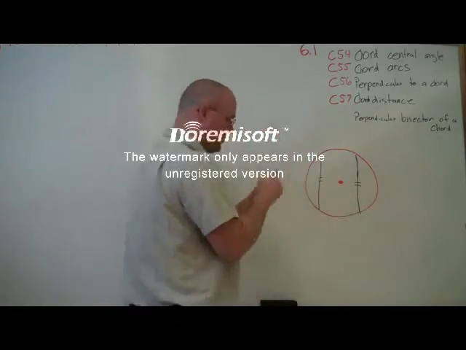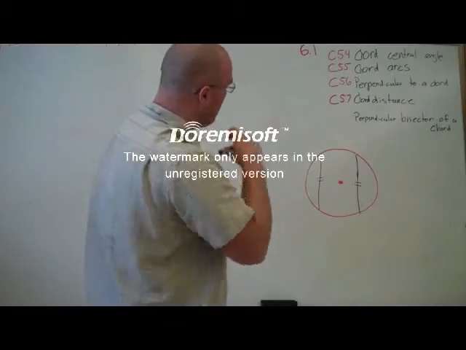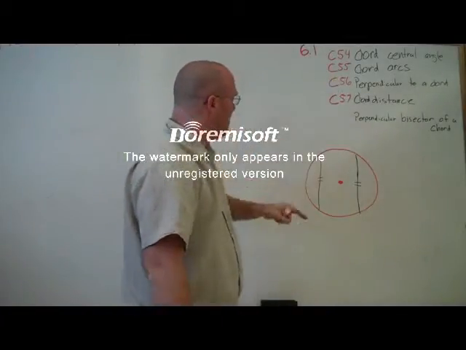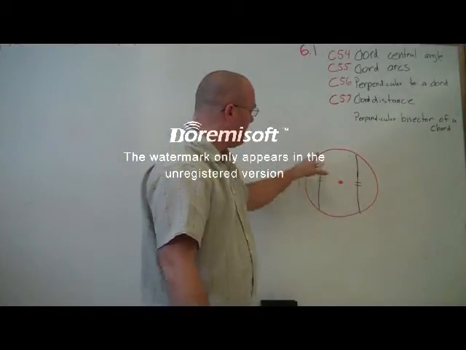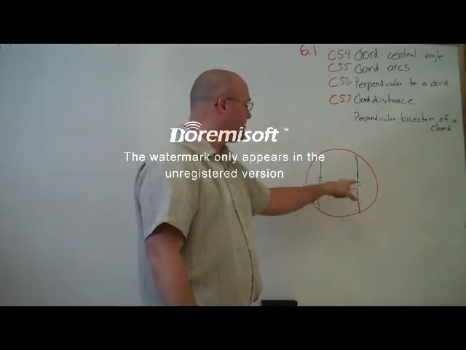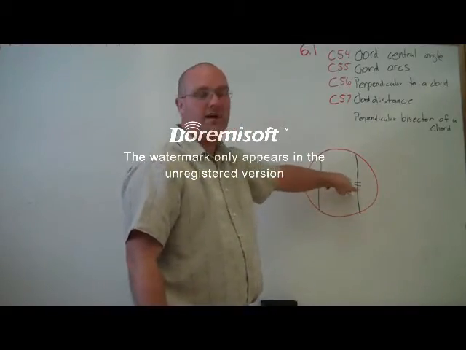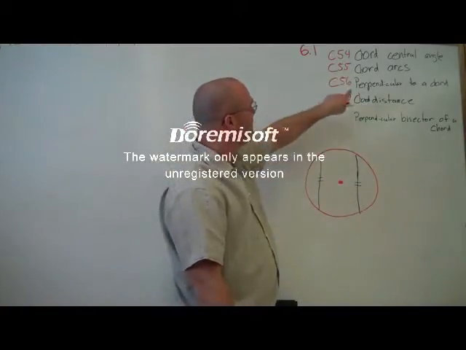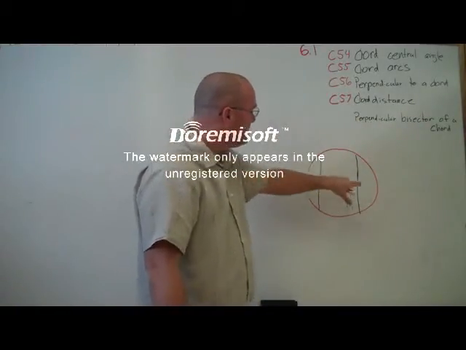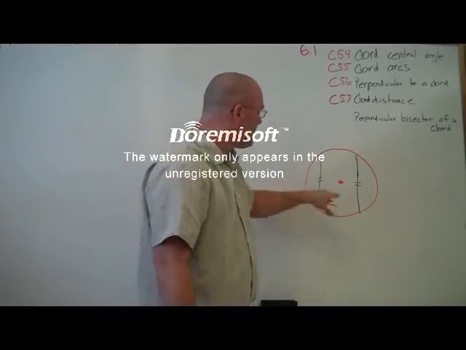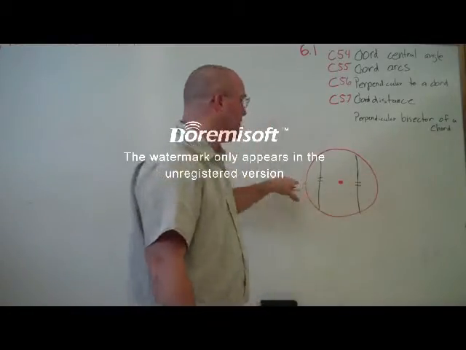We have two congruent chords. C54 said if we drew two angles connecting these chords to the center, that's central angles. These two central angles would be congruent. Our next one, C55, two chords. If these two chords are congruent, that means these outside arcs are congruent.